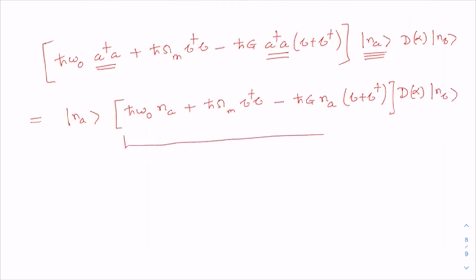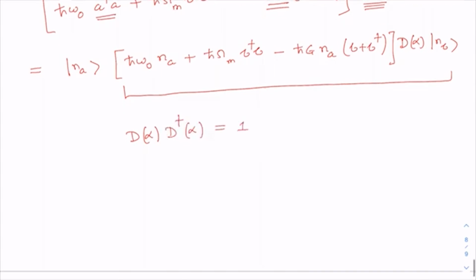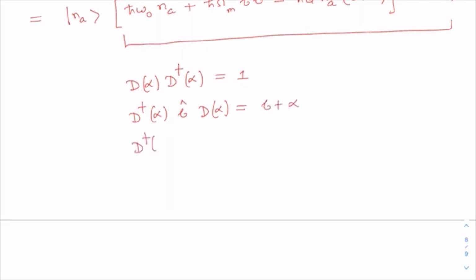This is what we have to work out, and we can work it out using these relations. Maybe we can do it in the problem solving session, but it's very easy. This relation we already know from module 1: D alpha D dagger alpha is equal to 1, and also D dagger alpha b D alpha is equal to b plus alpha, and D dagger alpha b dagger D alpha is equal to b dagger plus alpha star.